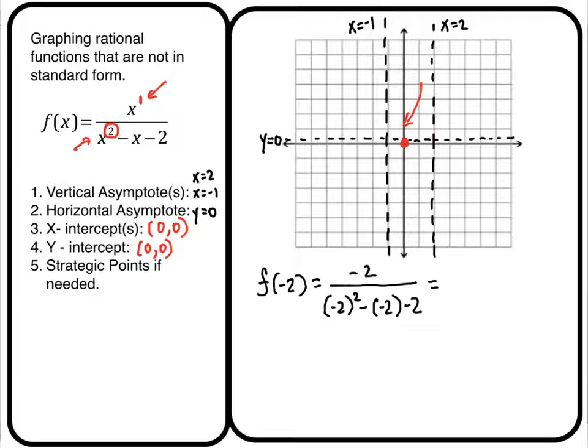So, okay, it looks like when I plug -2 in, I'm going to get -1/2 out. So let's go ahead and plot that. So I got (-2, -1/2).